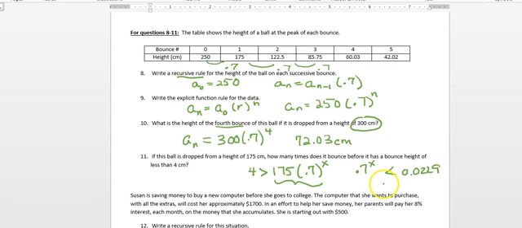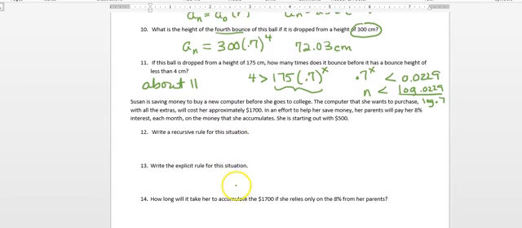Then you can take the log of both sides. So then n is less than the log of 0.0229 divided by the log of 0.7. And no matter how you go about doing it, it looks like it takes about 11 bounces before it gets down to being less than that height.